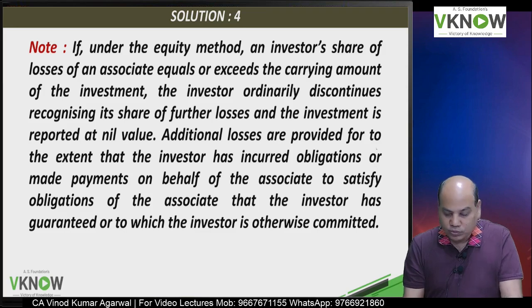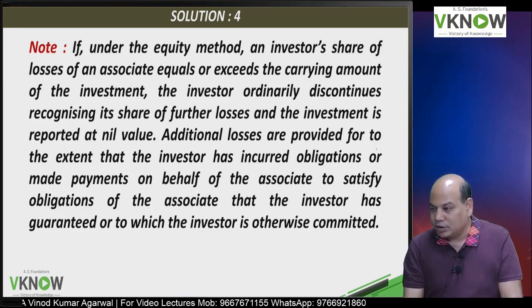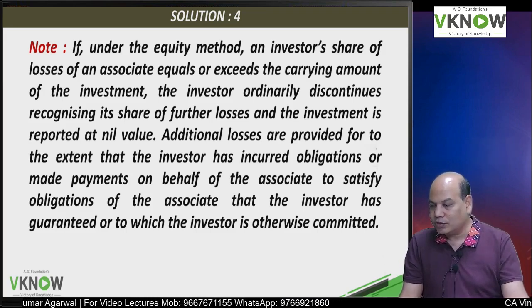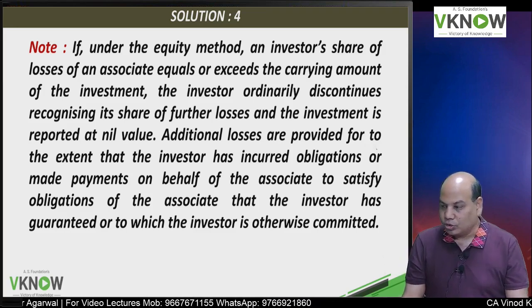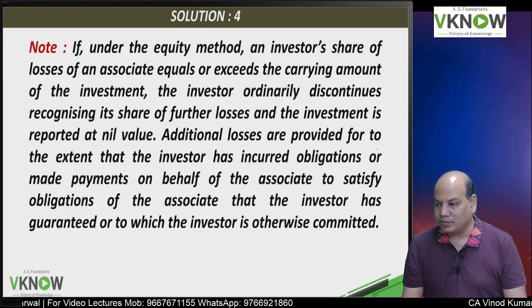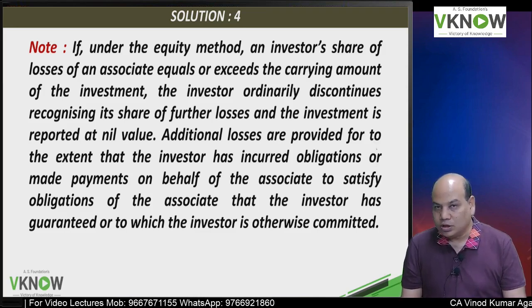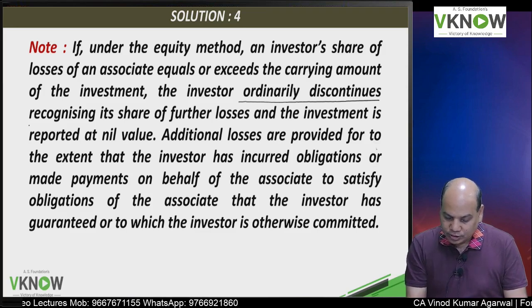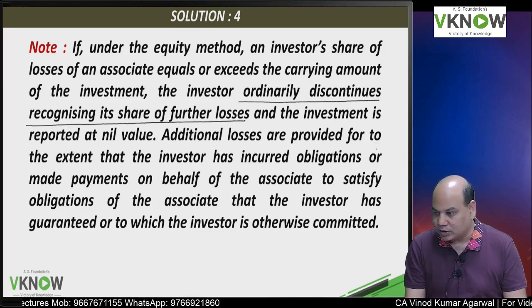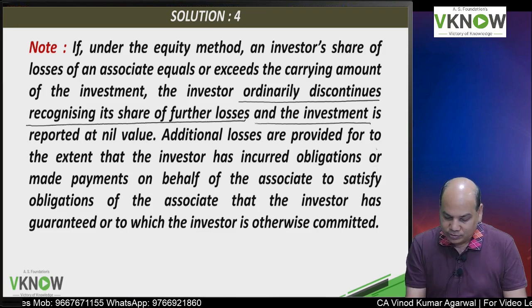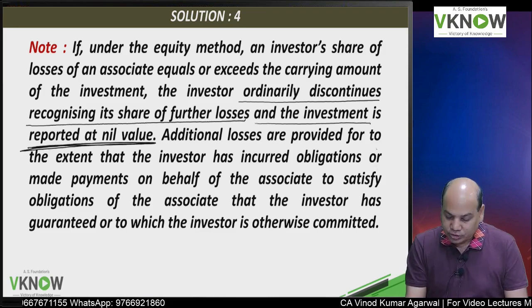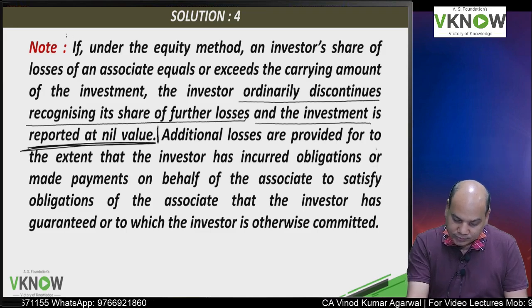And what is the note you will write? If under the equity method an investor's share of loss of an associate equals or exceeds the carrying amount of the investment, the investor ordinarily discontinues recognizing its share of further losses and the investment is reported at nil value. So this first note you will write.